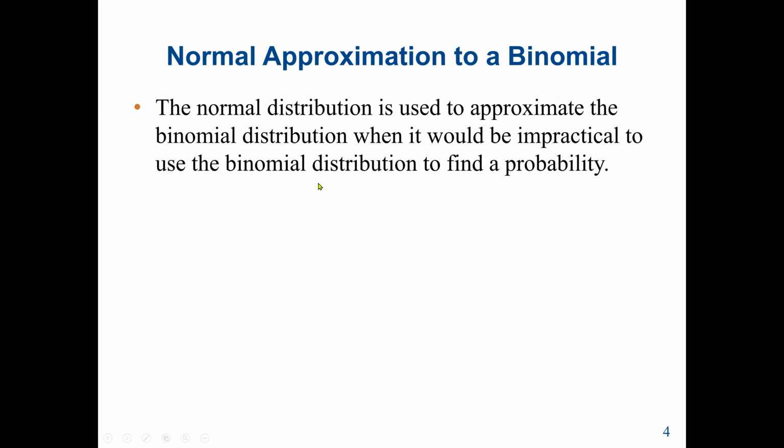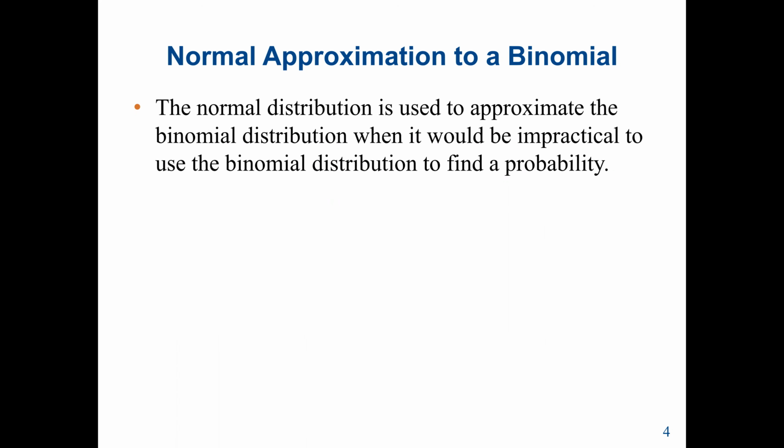First, the normal approximation to binomial. Here we say that the normal distribution is used to approximate the binomial distribution when it is impractical to use the binomial distribution to find a probability.